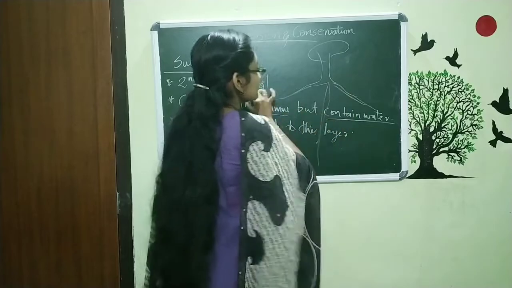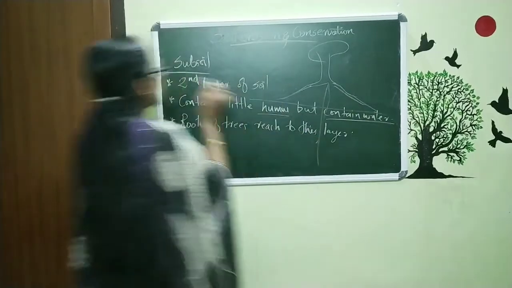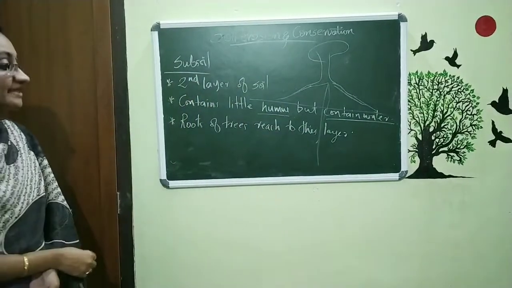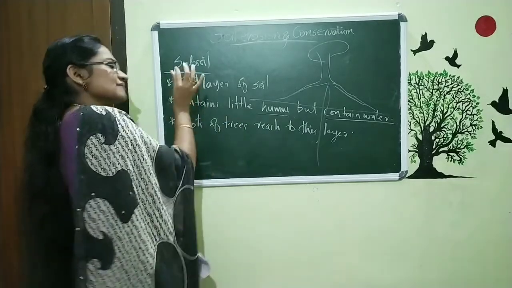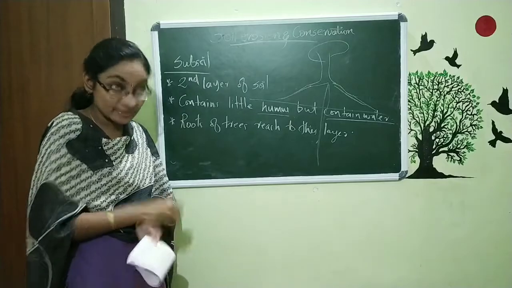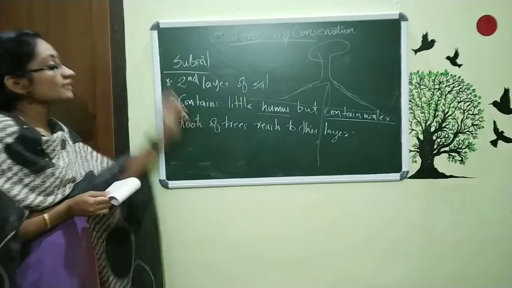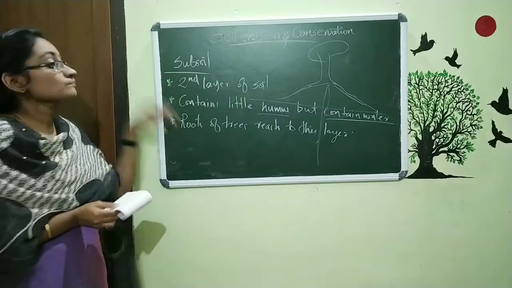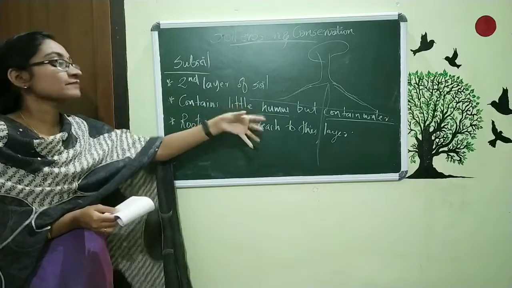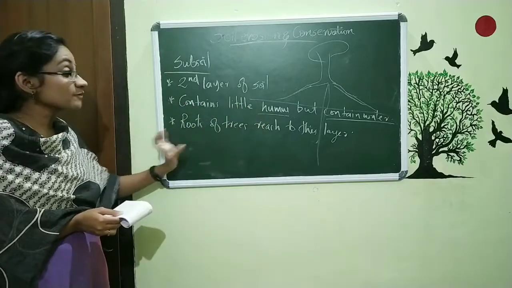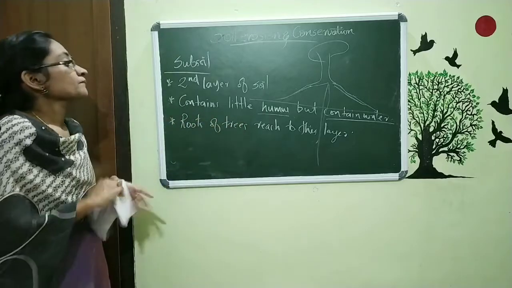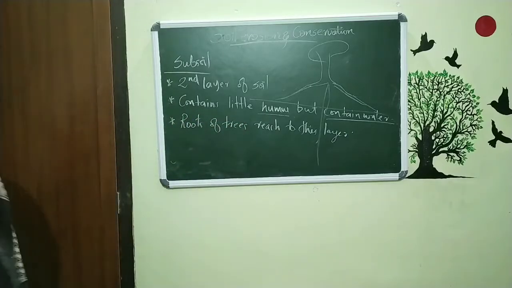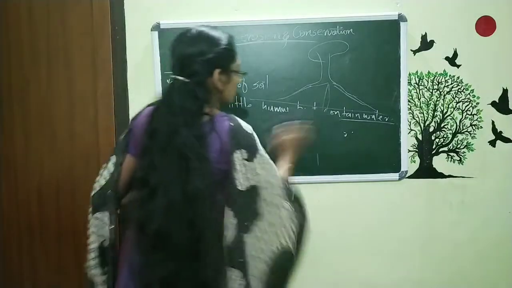At the second layer, and that is this subsoil. So we can say the roots of trees reach to this layer. Only some points are included for the subsoil. For the subsoil, you just want to remember it is the second layer, it contains little humus but contains water, and the third point is that the roots of trees reach to this level. Only 3 points.